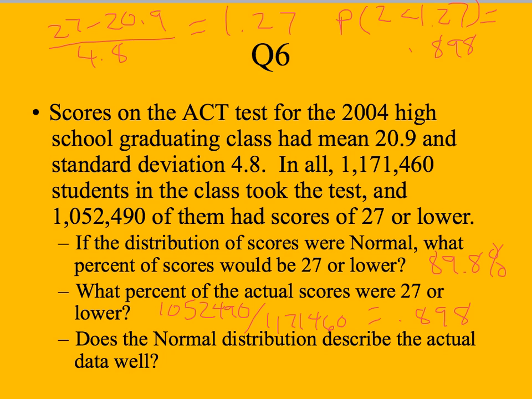So theoretically, I should have 89.8% of my data less than 27, and realistically, I had 89.8% of my data less than 27. So does the normal distribution fit the data? Oh, yeah. It fits wonderfully. That's question number 6.